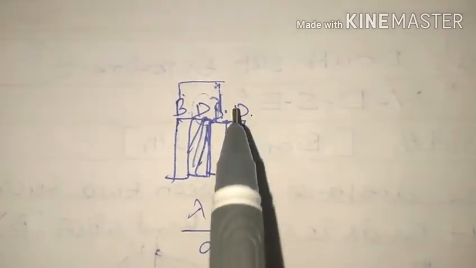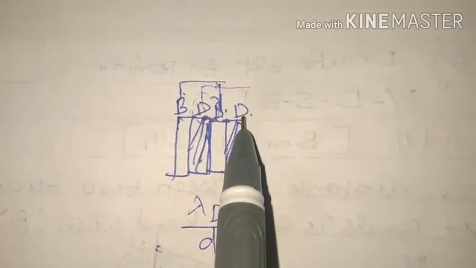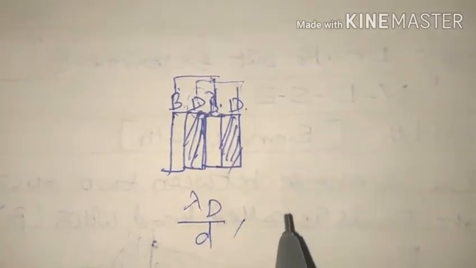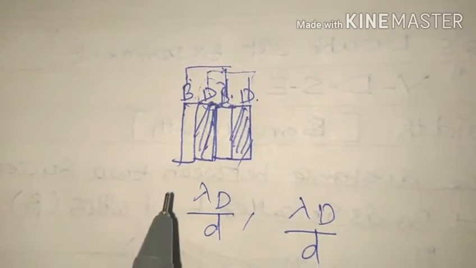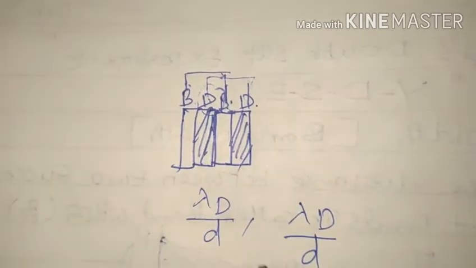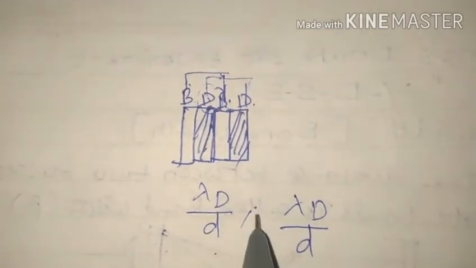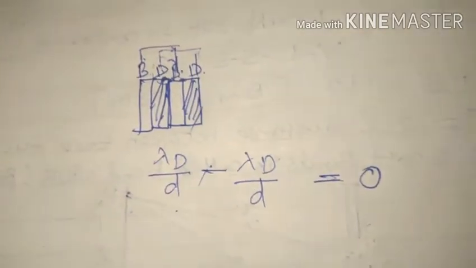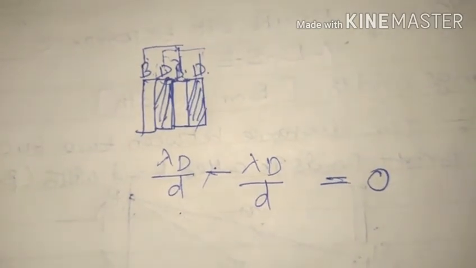And also the distance between two successive dark bands gives us the width of the bright band, that is also lambda D by d. So now what is the distance between bright band and dark band? So here lambda D by d minus lambda D by d is equal to 0. So the distance between one bright band and the alternate dark band will be equal to 0.